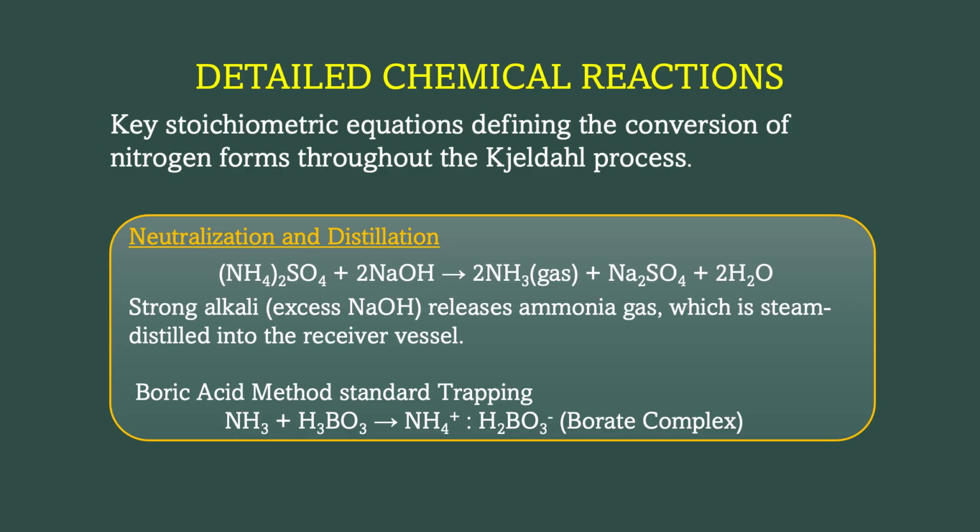You can see the reaction on the screen here, where ammonia is liberated as a product during the distillation step. The ammonia gas is what we want to measure as it directly relates to the protein content in your sample.